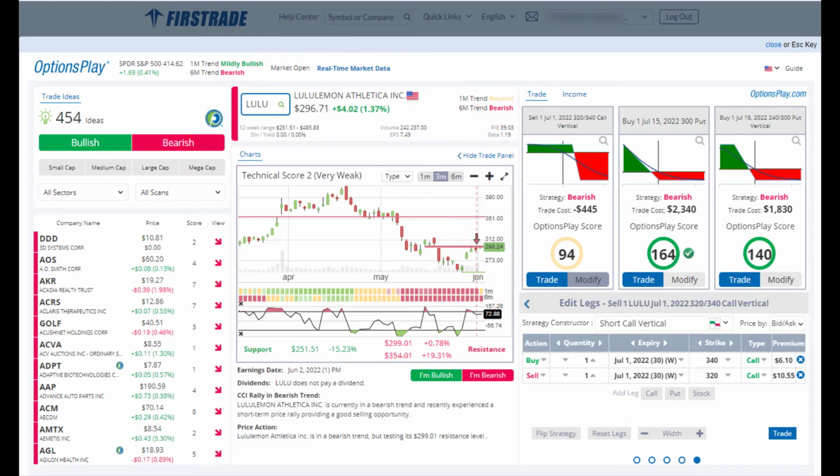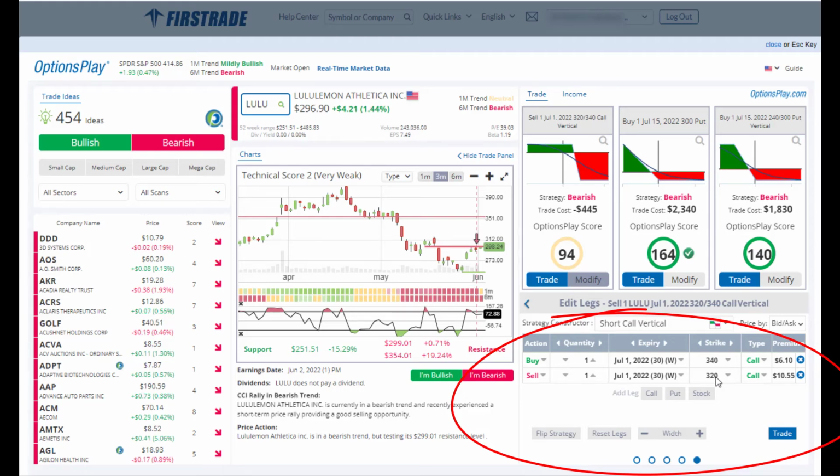I want to construct our strategy. Now down there on the right there's the construct button. I've got the buy and the sell, remember, and we're looking for less than a month expiry. So I've gone for weekly options, July the 1st, and notice the strikes, $20 difference between the two.